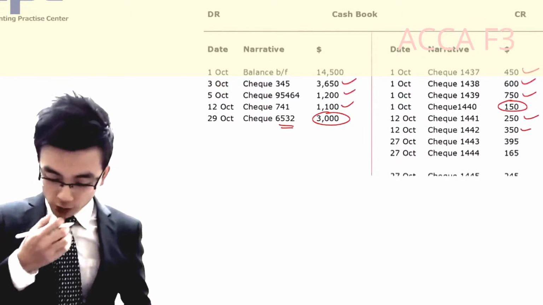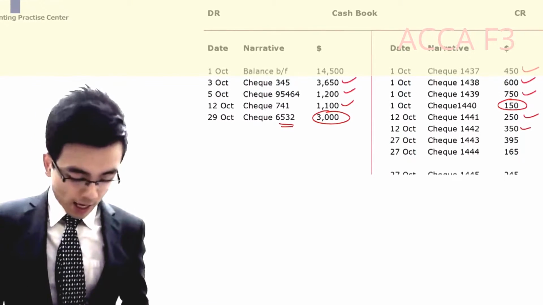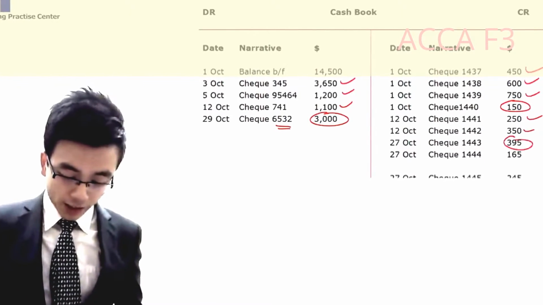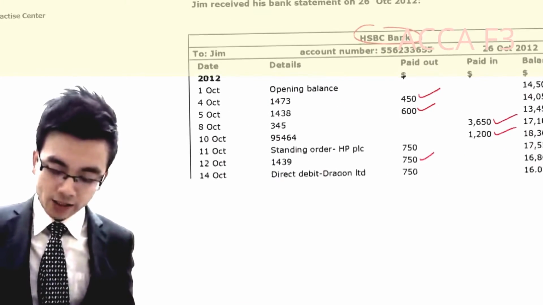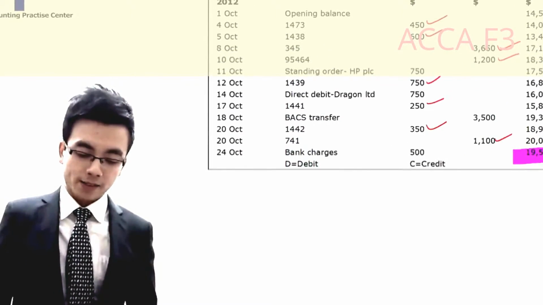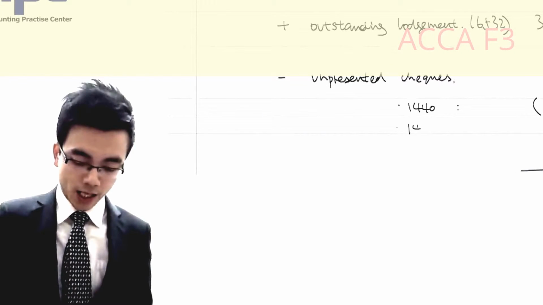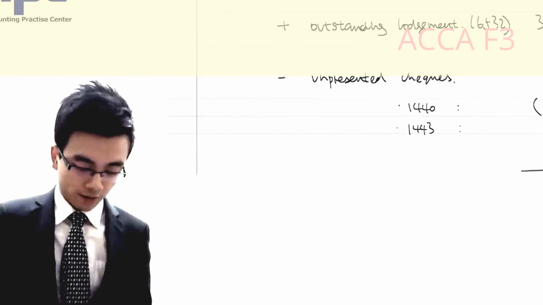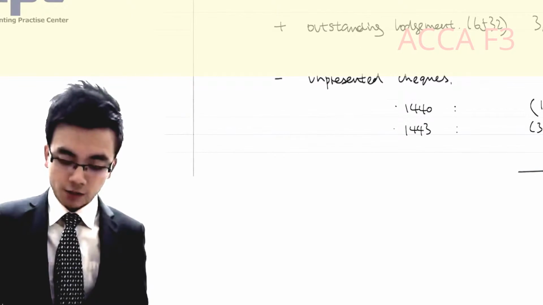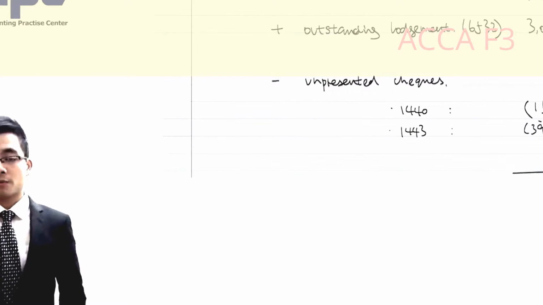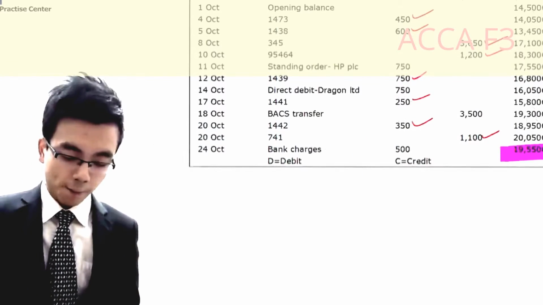We've also got 1443 for 395. Unfortunately, this amount cannot be traced back into the bank statement, which means the company has issued a check, but the supplier hasn't gone to the bank to receive this money worth 395, so it is an unpresented check. We're going to deduct it from our original bank statement figure.